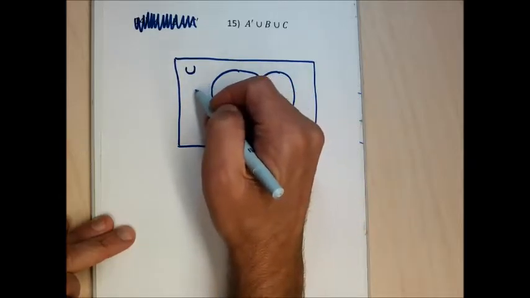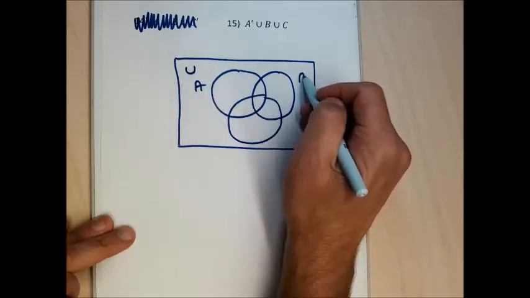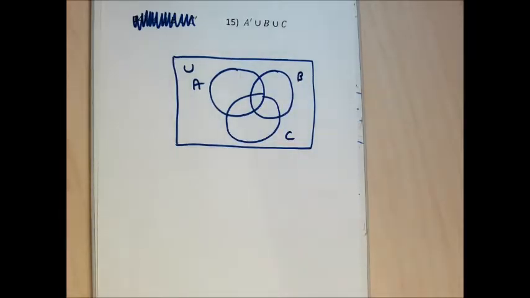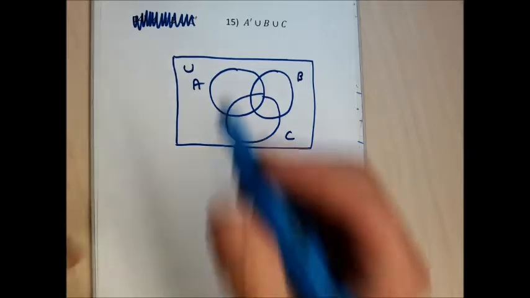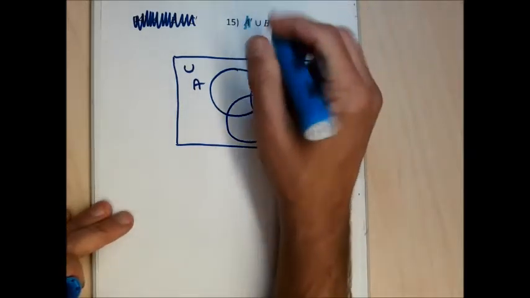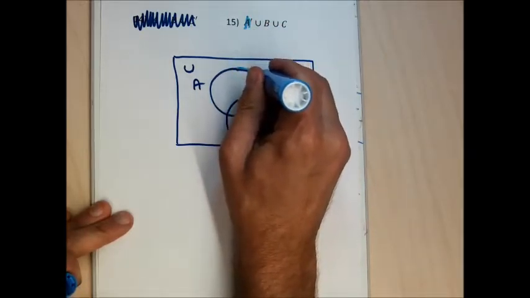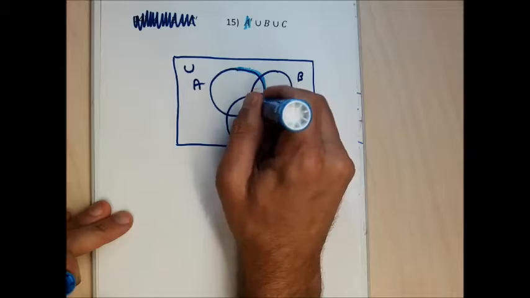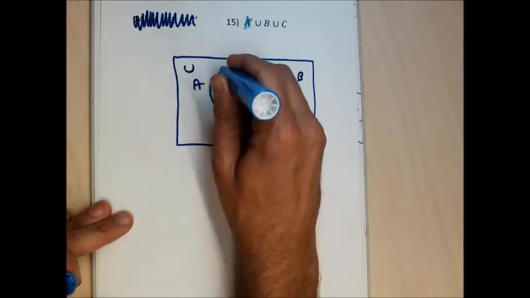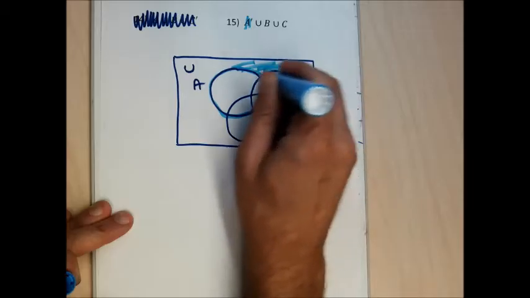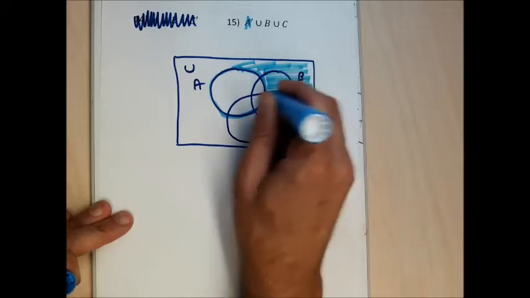When there's no intersections, I don't have to worry about multiple colors. So on one graph simultaneously, I'm going to draw each in one color. I'll use blue. First, I'm going to draw A complement. A complement is the entire region outside the A circle. Let me try to draw this in by my standards nice.